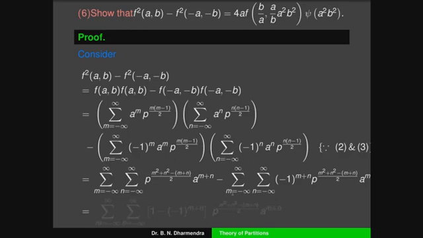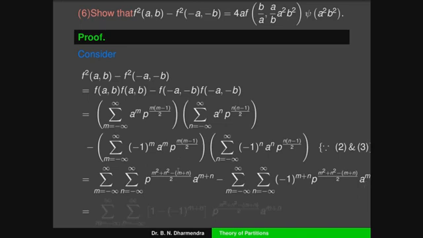The first series is m running from minus infinity to plus infinity, the second series is n running from minus infinity to plus infinity, (-1)^(m+n) into p^((m² + n² - m + n)/2) into a^m and a^n, that is a^(m+n).